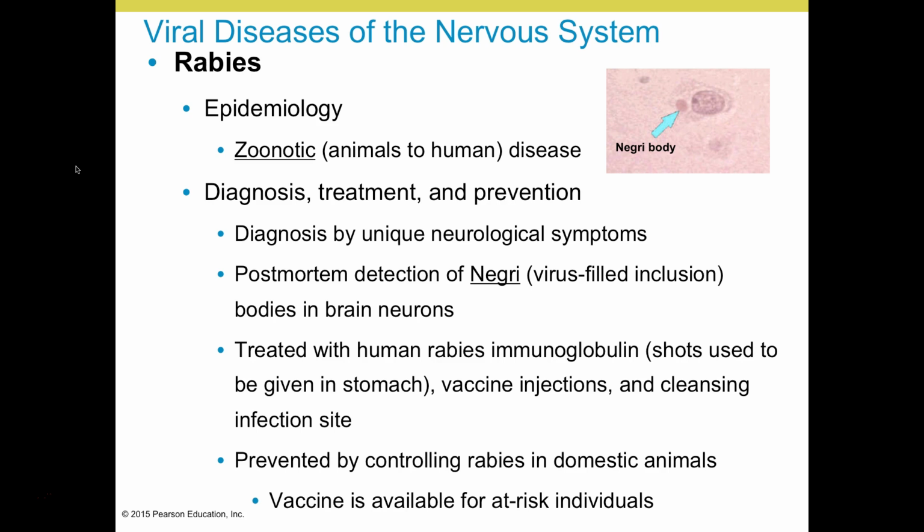We treat it with immunoglobulins, which is a shot. There are also vaccines that can prevent it, and they will clean the infected site. This is also prevented by controlling rabies in domestic animals. Of course, we talk about domestic animals, but that cannot be done necessarily in wildlife organisms.